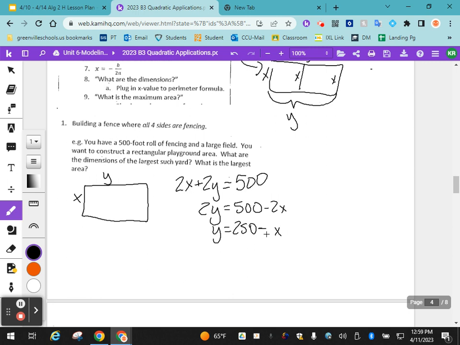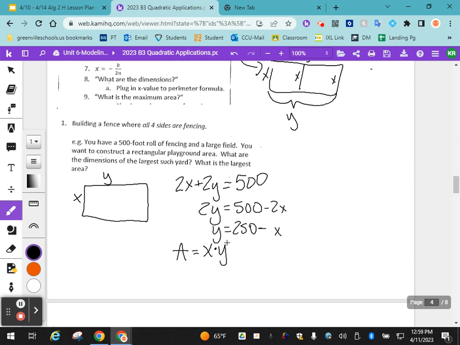All right, what we're trying to do is maximize our area. So we need to have a quadratic equation for area. Area is length times width, or in this case, x times y. To graph it, we can only have 2 variables, one x, one y. Right now we have 3 variables: a, x, and y.